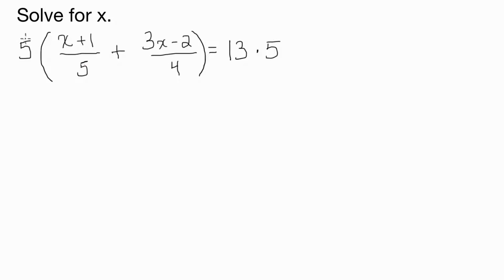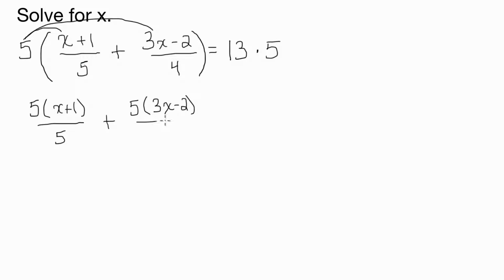Now watch. So I distribute the 5 in, so then it becomes 5 times the quantity x plus 1 over 5, plus 5, because I distributed it, times the quantity 3x minus 2 over 4. And that's going to equal 13 times 5, which is 65.